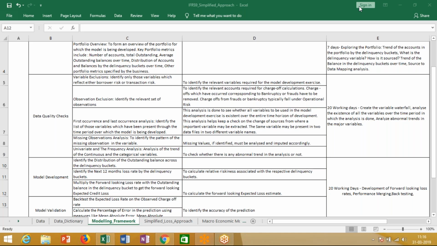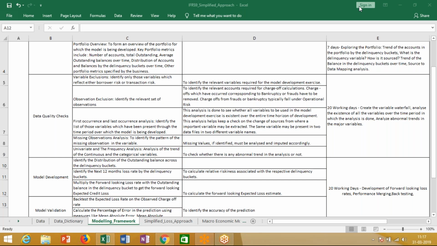But because there is no interest, you cannot do that calculation over here, and hence this approach is called the simplified approach, right? So what I need to understand as a modeler is how the balances are flowing across the buckets, right?